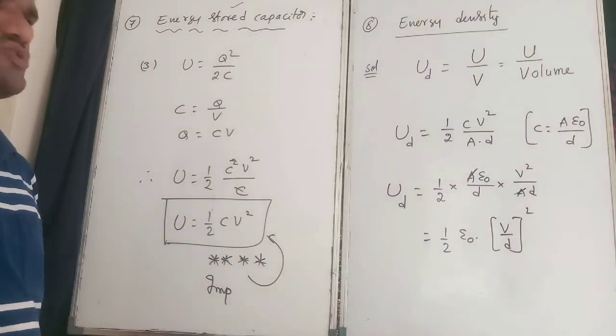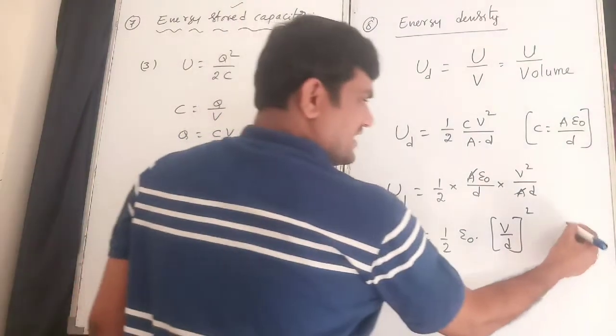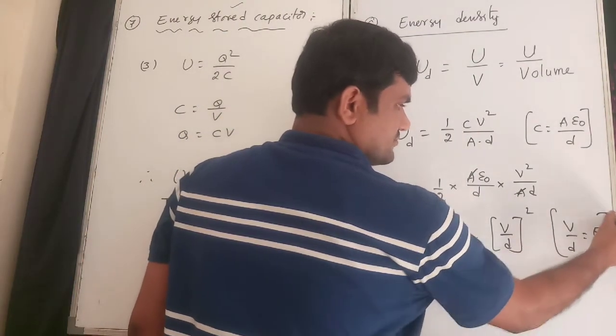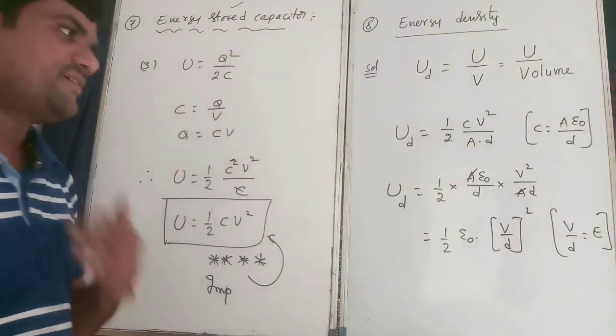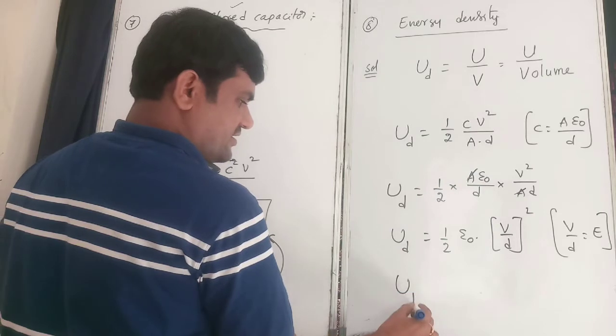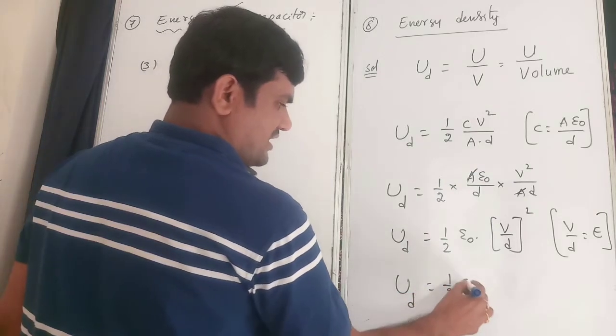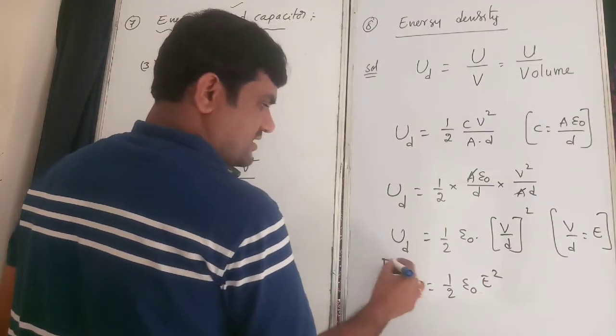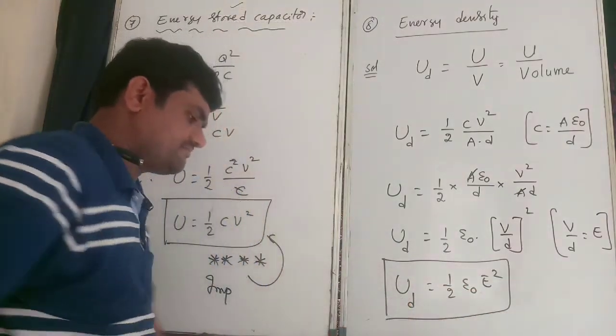What is the meaning of V by D? It is equal to E. Therefore, energy density UD is equal to 1 by 2 epsilon naught into E square. This is the energy density.